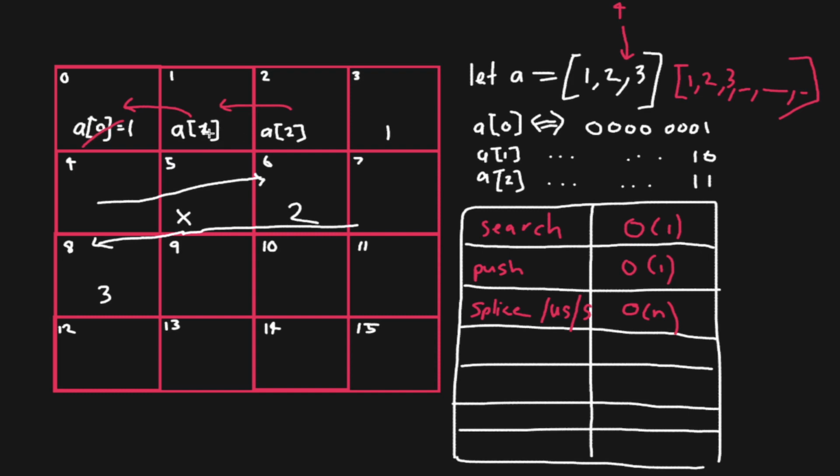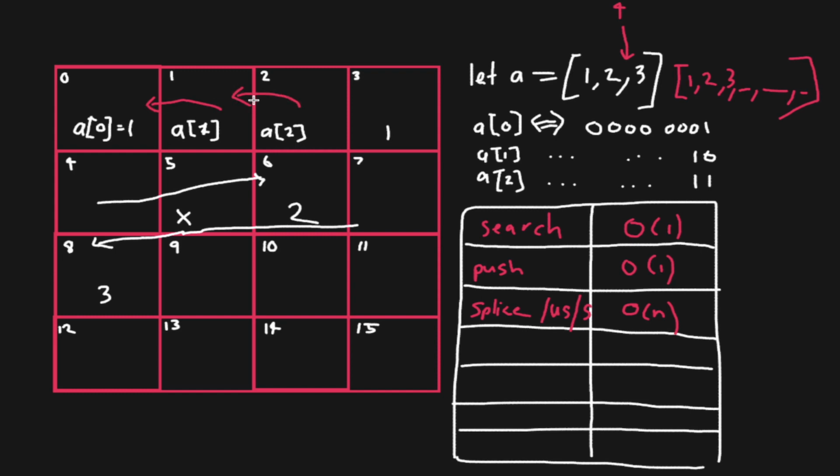And because you need to assign each of the remaining elements into the previous slot, it's essentially an O of n time complexity there. So splice, unshift, and shift, they're all O of n operations. And shift, as we saw, we're shifting this across.